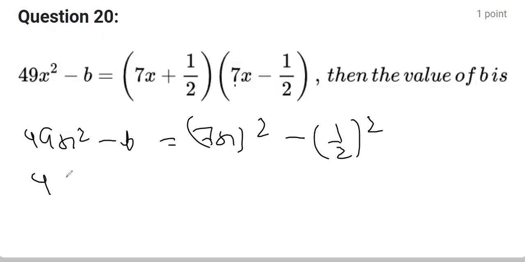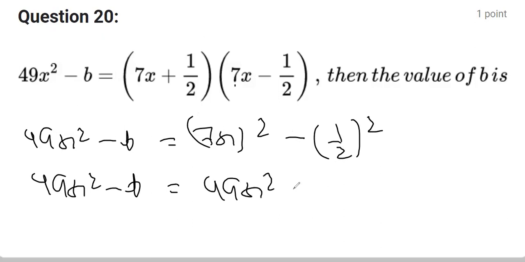So keeping the left hand side as it is so that we can keep equating left and right, 7 square is 49 x square, and half square is 1 by 4. If I cancel this, minus b is equal to minus 1 by 4.